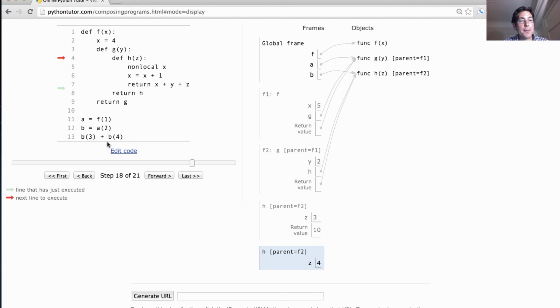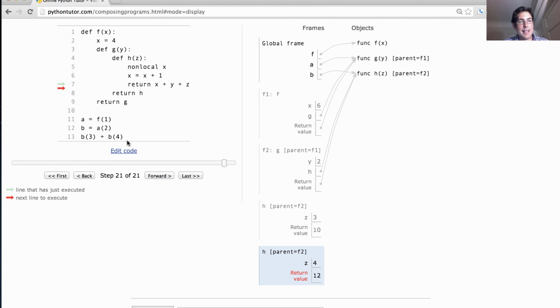And now we have to go through and evaluate b(4). So we bind z to 4 this time in this second call to h, which has the same parent as the first call to h. We increment x way up here, and then we add x, y, z, so that's 4 plus 2 is 6, plus another 6 is 12.